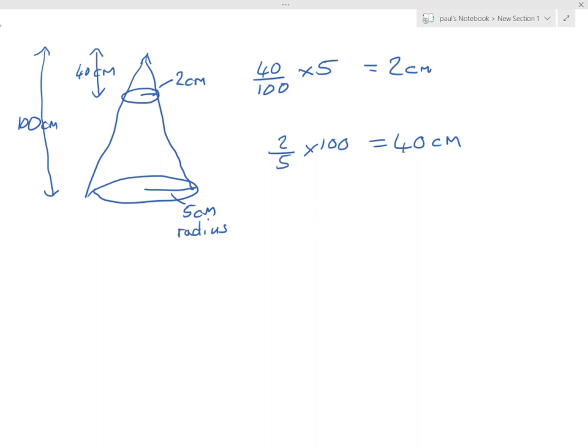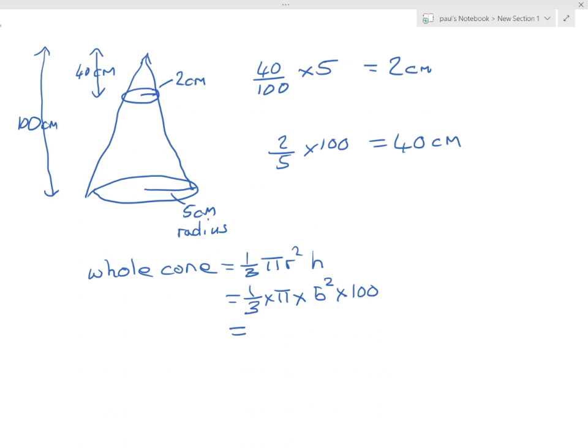So let's work out the frustum. The whole cone is going to be equal to 1/3 pi r squared times the height, which equals 1/3 times pi times r squared, 5 squared is 25, times the height of 100.